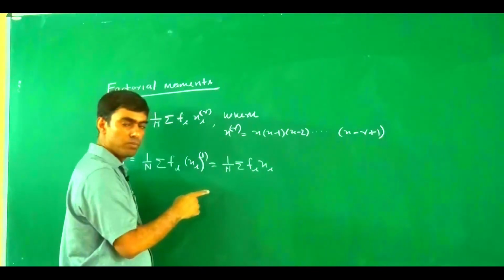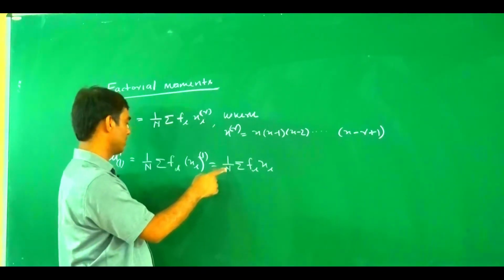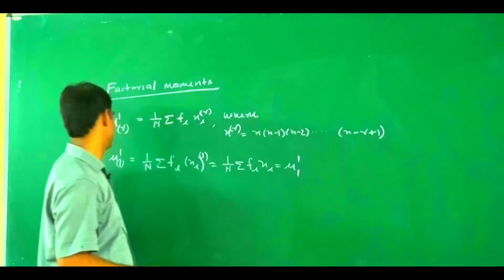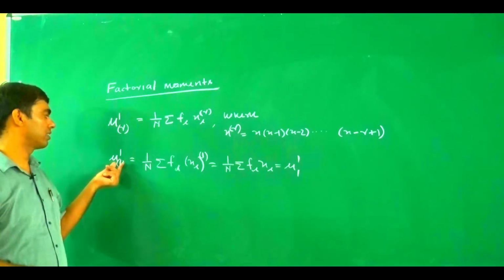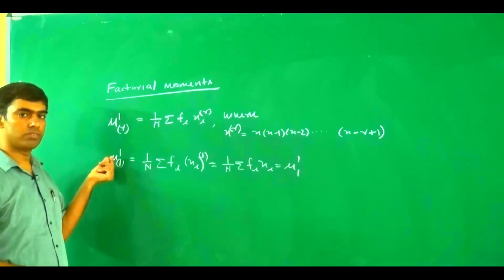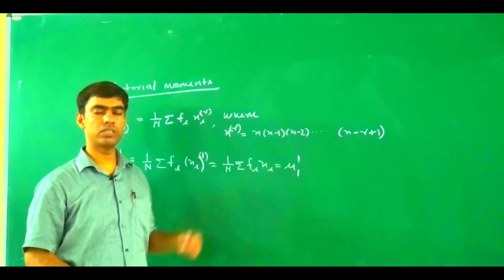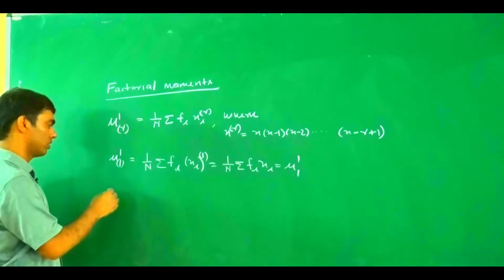And moments about origin is 1 upon n summation of fi xi, which is mu 1 dash. So the first factorial moment equals the first moment about the origin.